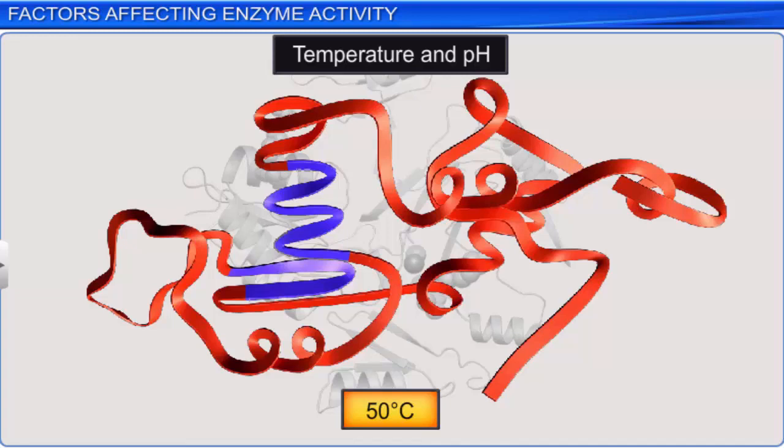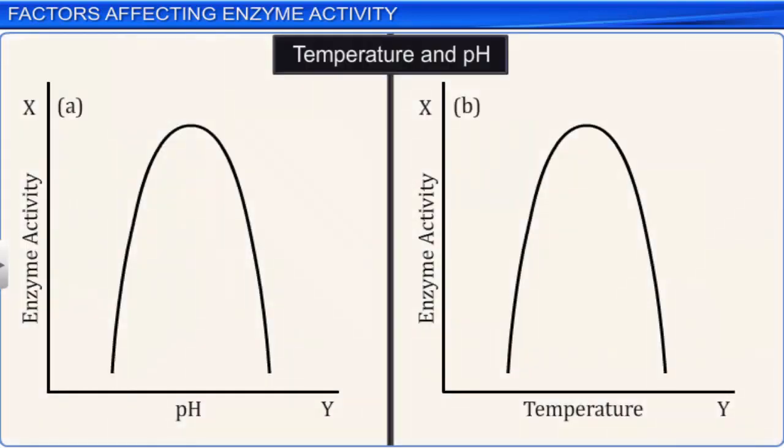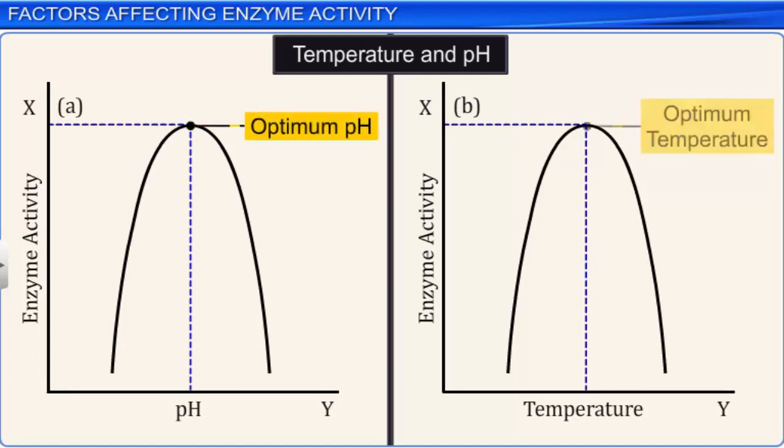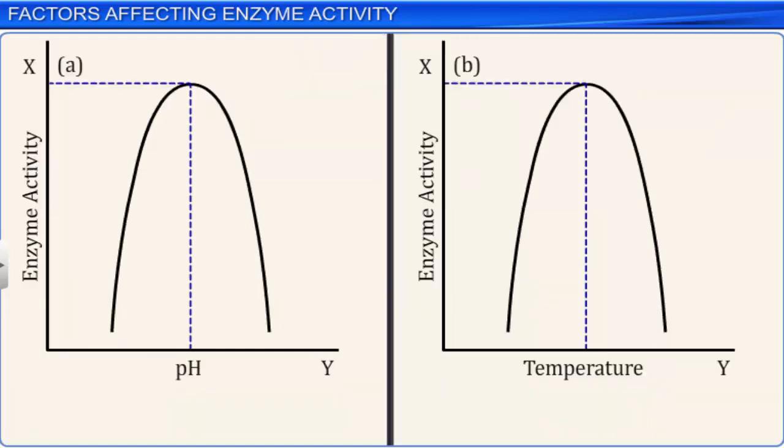Every enzyme demonstrates its highest activity at a particular pH level and temperature, which are called optimum pH and optimum temperature respectively. These following graphs depict the impact of change in pH and temperature on enzyme activity. As shown by the graphs, enzyme activity increases steadily with an increase in pH and temperature up to the optimum pH and optimum temperature.